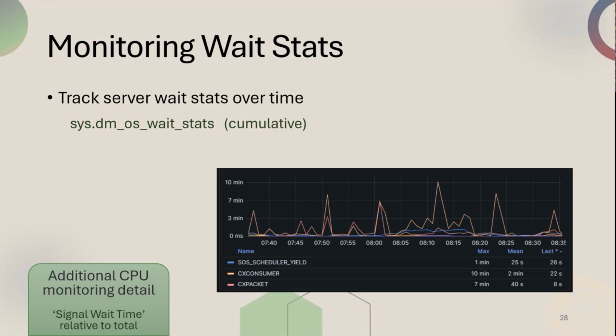So it will accumulate signal wait time while it's waiting for the processor to become available, so it can then load the data from disk. Again, that's if you're looking for more information on CPU. I've seen some ratios of 50%, but I think it really depends on your system and what wait stat you're specifically looking at. I generally don't use it a lot, but I know it's out there.